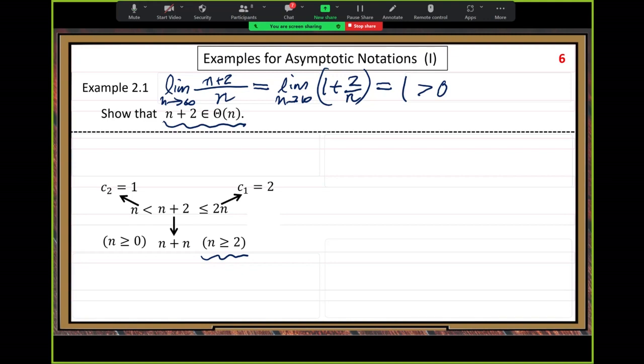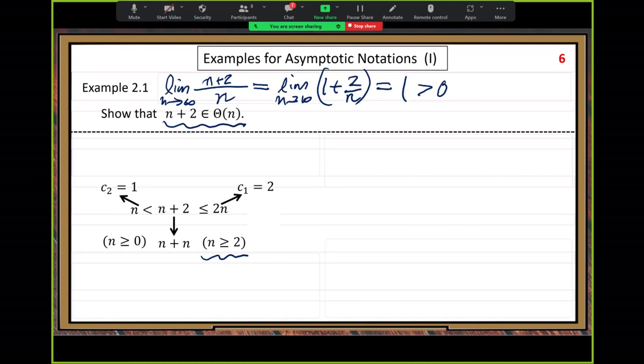So we find non-zero, positive constants C1 and C2, and at the same time we need to choose an appropriate n0 from these two range expressions. We have two range expressions.